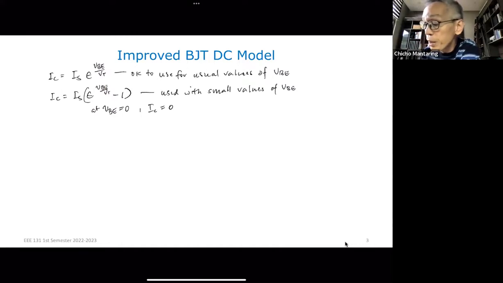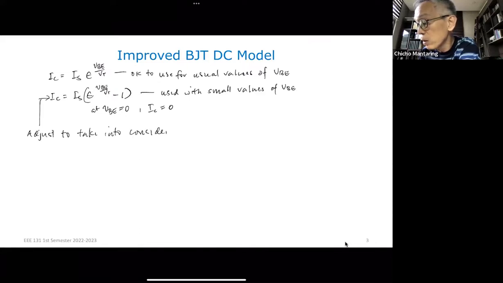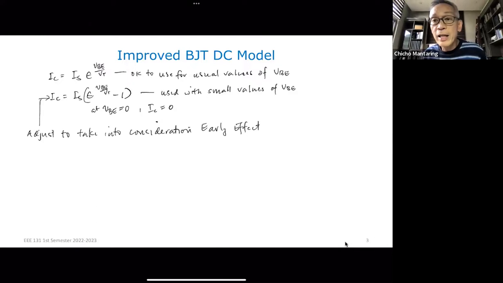Okay, we're going to refine this formula further. The model is going to be adjusted to take into consideration what we call the early effect. Now, what is the early effect? Originally, we said that in active mode, your collector current is not a function of your collector to emitter voltage.